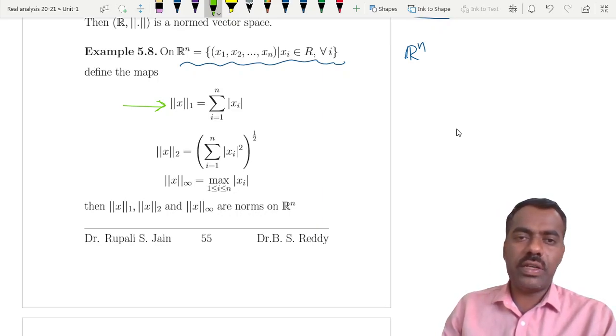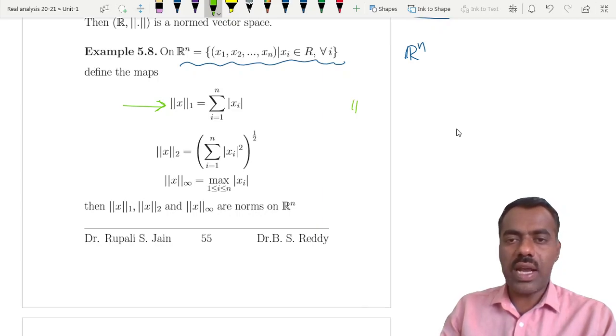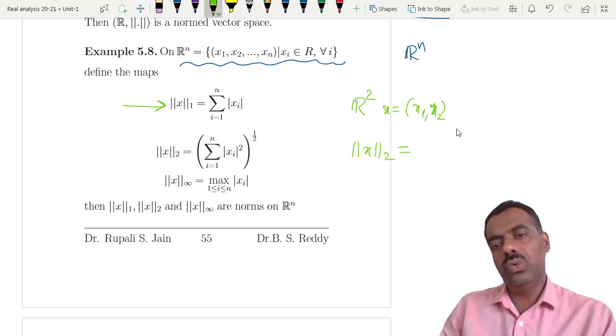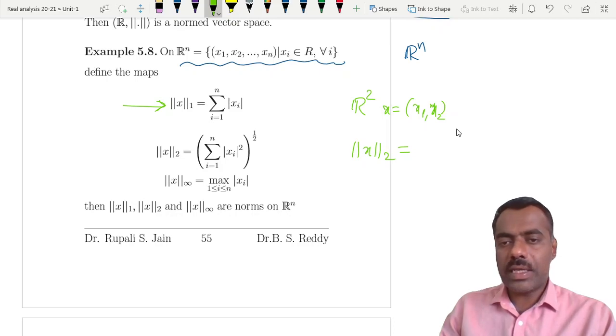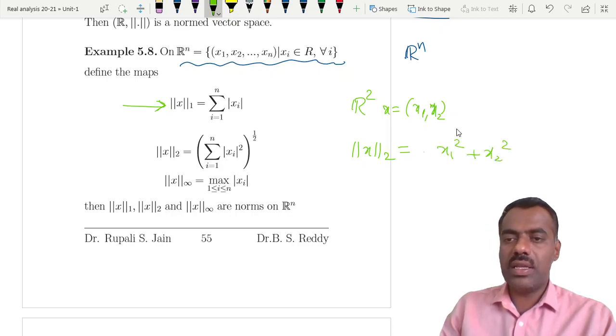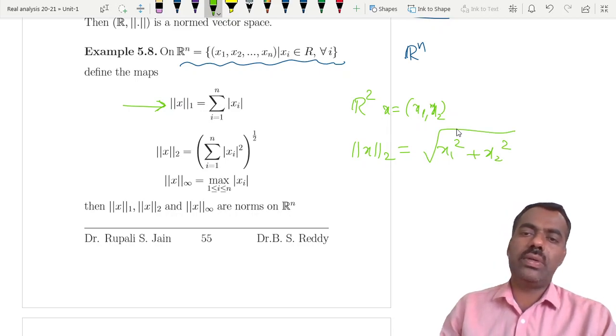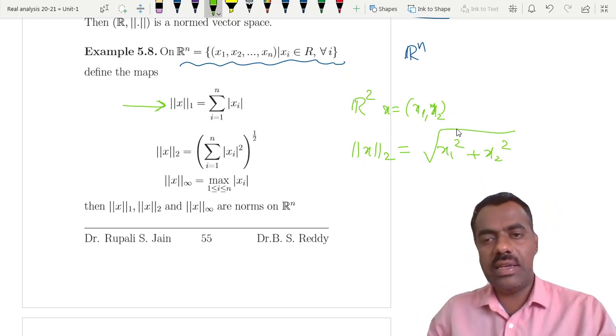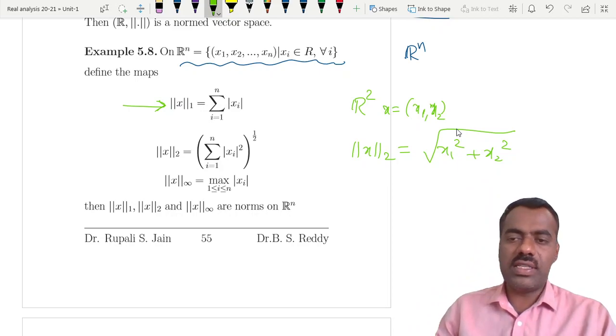That means, if you take R2, in R2 you have something like x comma y, or x1 comma x2. If you call this x, then norm 2 is nothing but you take x1 square plus x2 square, then take its square root. For xn's, if it is Rn, then the sum of these things and so on.